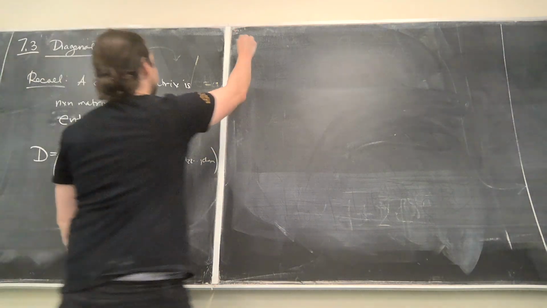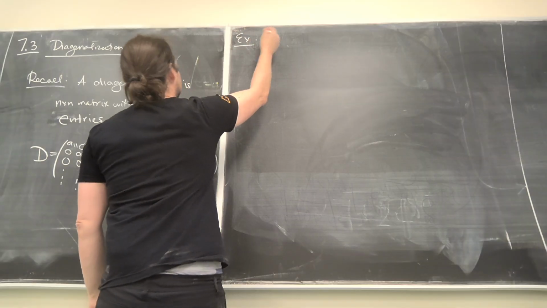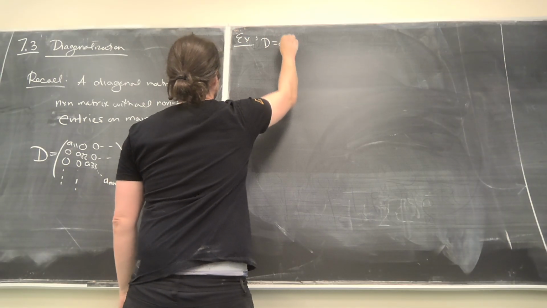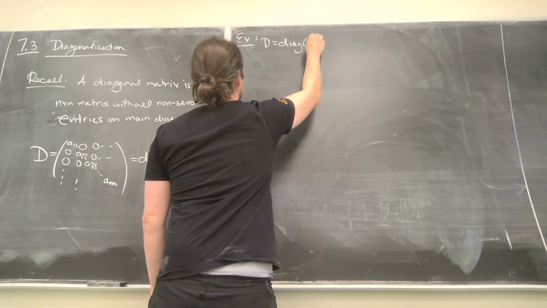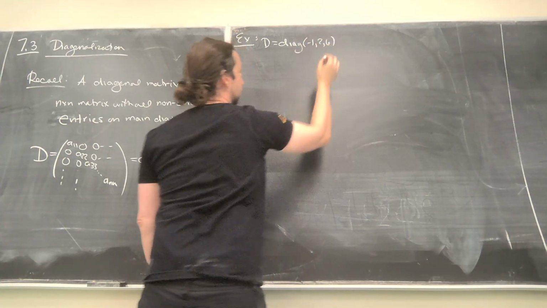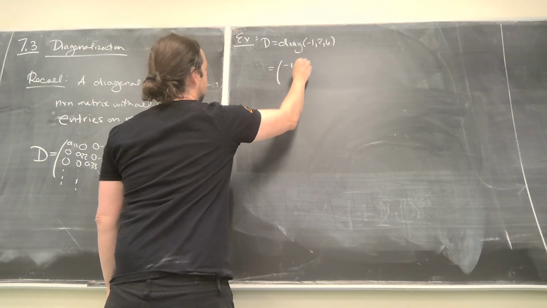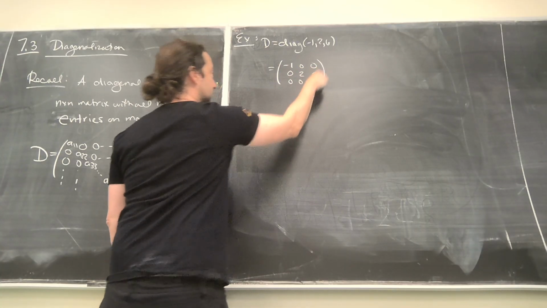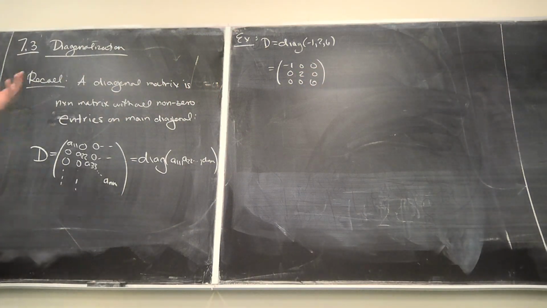So for example, if the matrix D is equal to diag(-1, 2, 6), I could write that as the matrix with -1, 0, 0, 0, 2, 0, 0, 0, 6. It's just notation, so I don't have to write an entire matrix every time I want to write down a diagonal matrix.